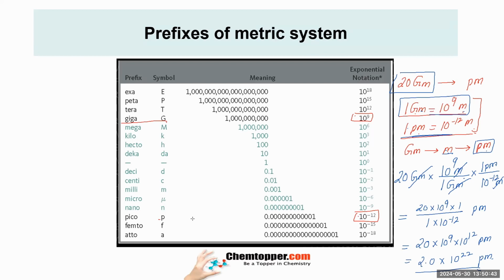So now it's very clear that we can convert one unit to another unit by using the well-defined ratios from these prefixes. These are defined prefixes. And with the help of this dimensional analysis, the way I did here, plug in the ratio, cancel the units and get the answer. So this method is very useful in doing mathematical questions in chemistry.